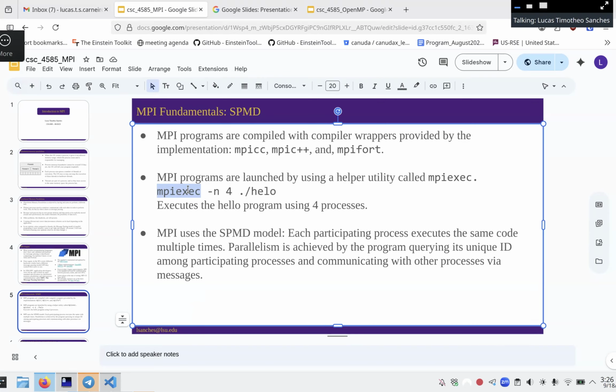So in your source code, you're going to have a little bit of code that differentiates what you're going to do based on the process ID that you get when you run it. That's similar to what we were seeing with OpenMP. When you launch a group of threads with OpenMP, every thread executes the same block and you differentiate by an ID, and so on. Is that clear? Does everybody understand that?